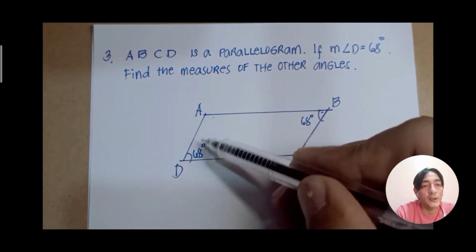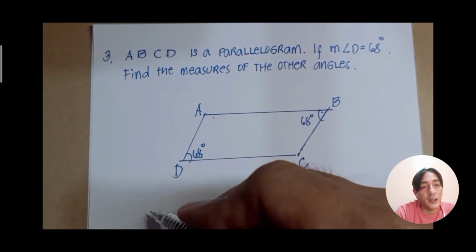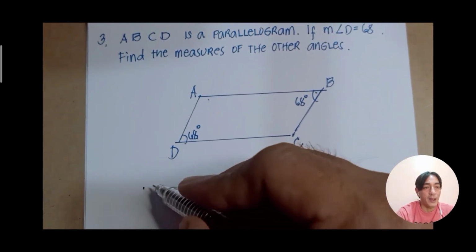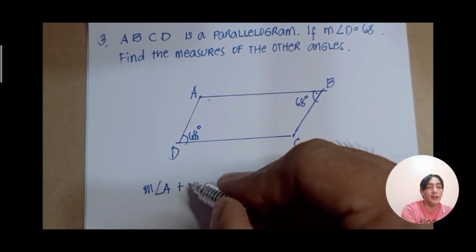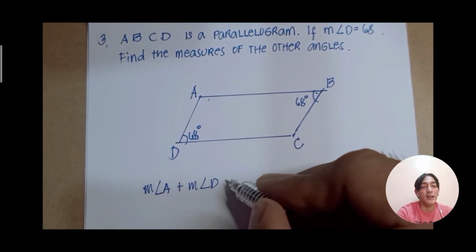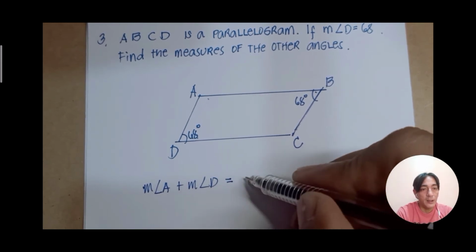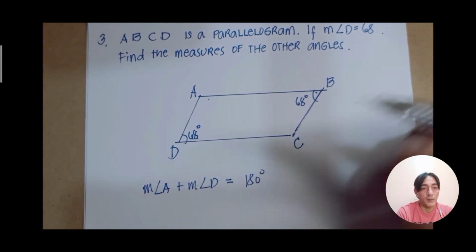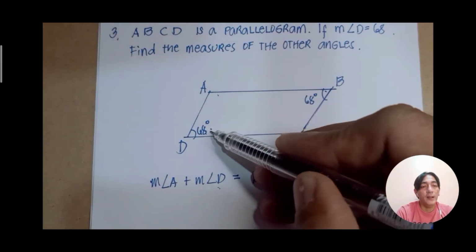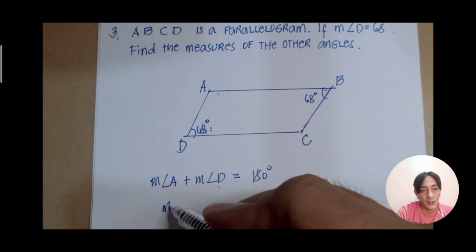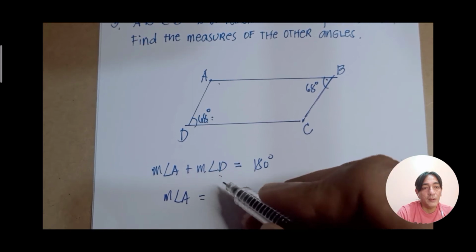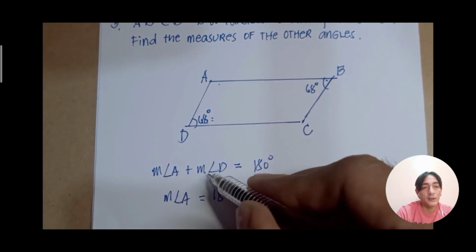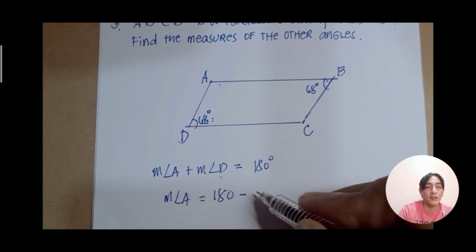And then, yung relation ng angle D sa angle A, they are supplementary. Therefore, ang total nila is 180 degrees. So, measure ng angle A plus measure ng angle D, 180 degrees. Okay? So, yan ang equation natin. So, since ang measure ng angle D is 68 degrees, transpose natin yung 68 to the other side of the equation.